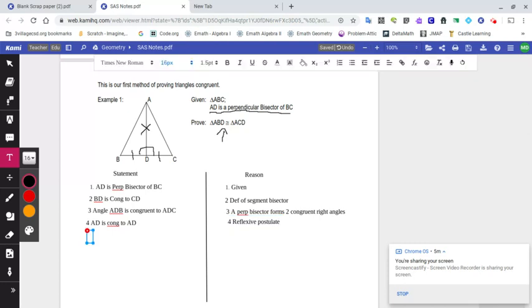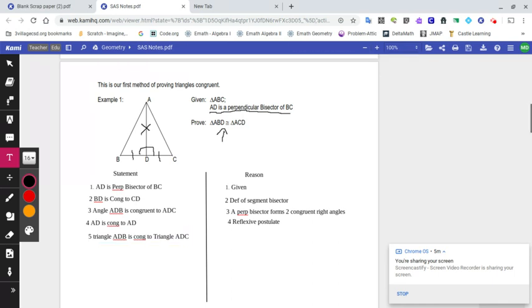So I can now say, number 5, triangle ADB is congruent to triangle ADC.